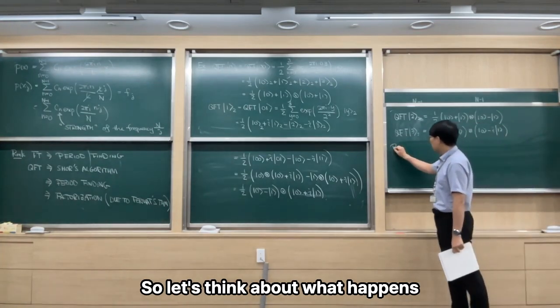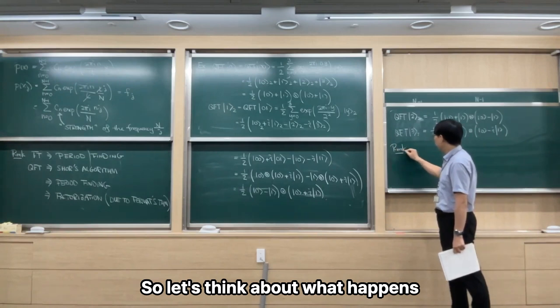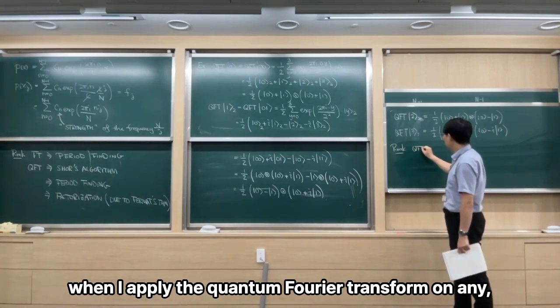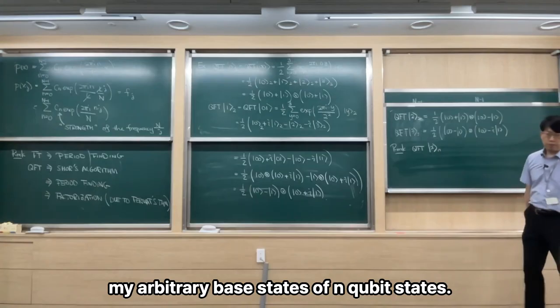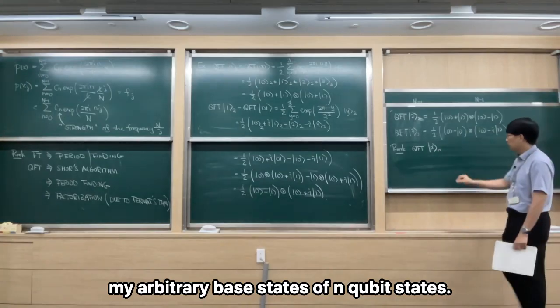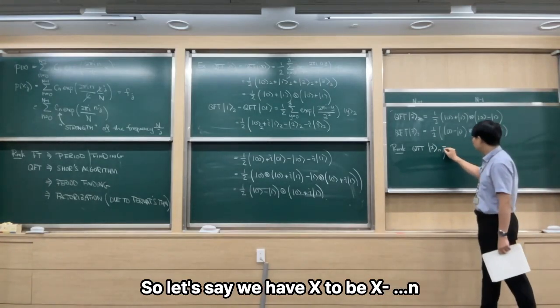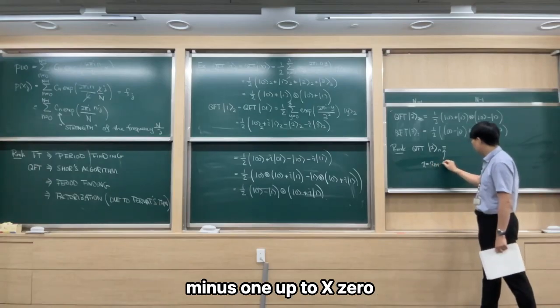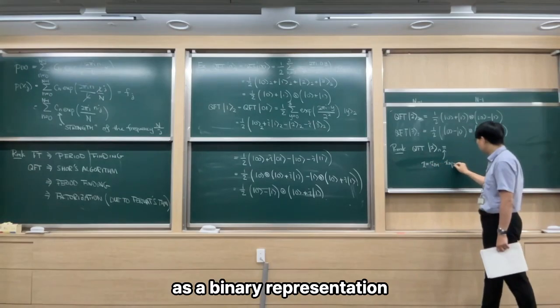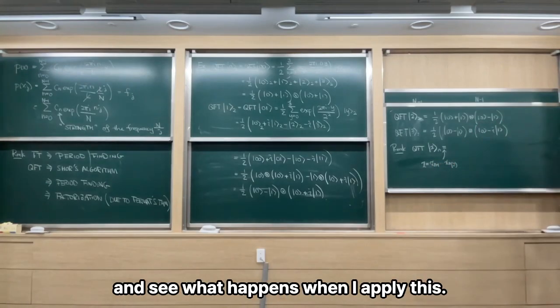So let's think about what happens when I apply the quantum Fourier transform on any arbitrary basis state of n qubits. Let's say we have x to be x_{n-1} up to x_0 as a binary representation, and see what happens when I apply this.